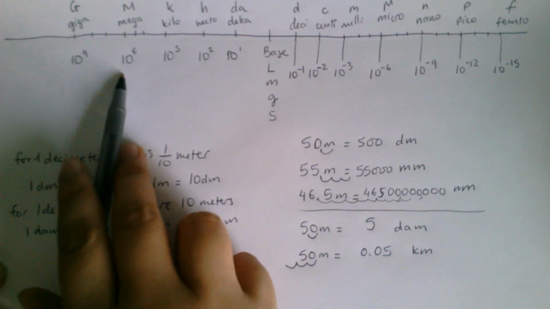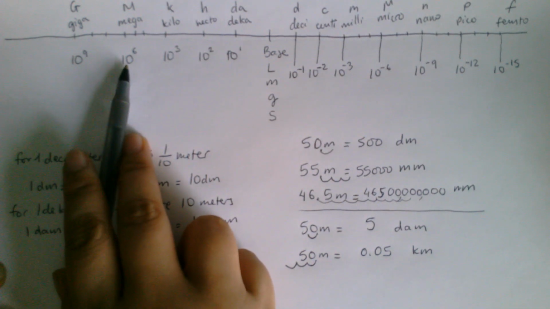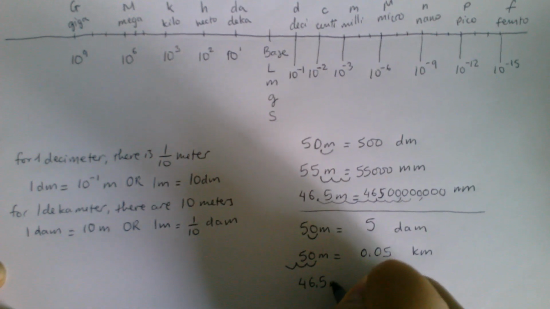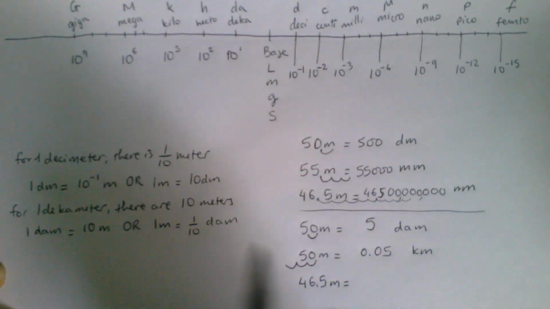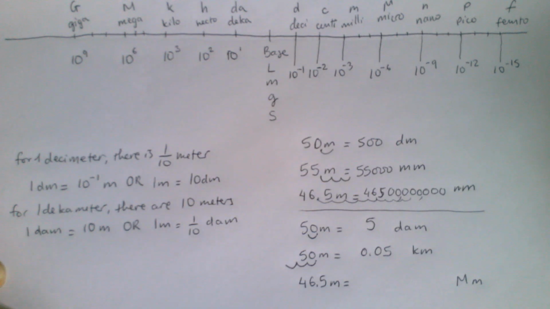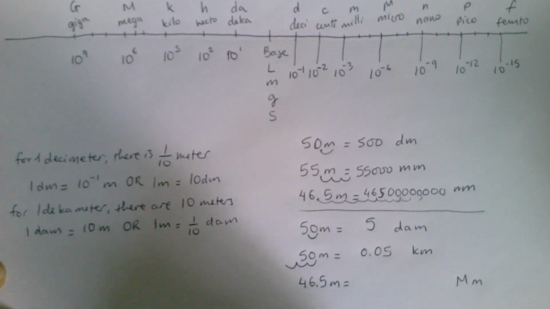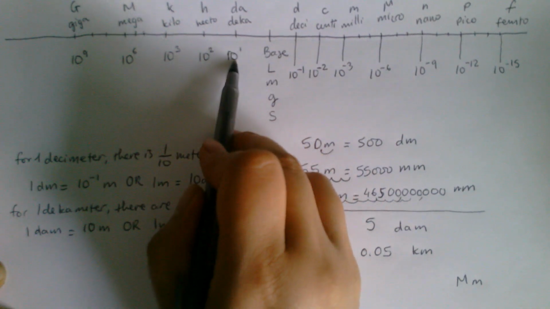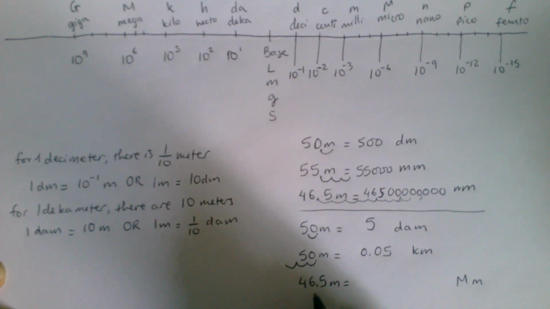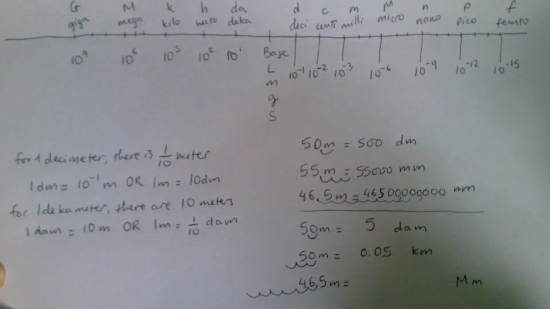What if we go super far? Let's say mega. So if I have 46.5 meters, how many megameters do I get? I say 46 going to the left 6 spaces.